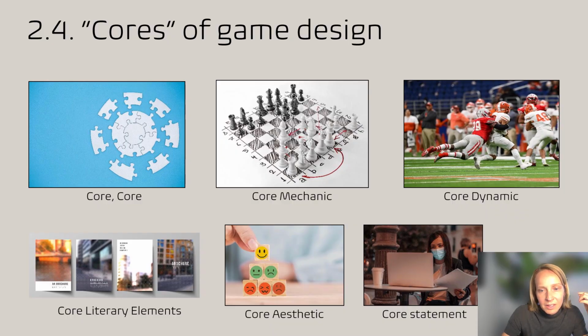Sometimes the mechanic can be a single action repeated over and over. Like if you're running in a foot race against someone else, the core mechanic would be running. In a trivia game, you're going to be answering questions. In Donkey Kong, the core mechanic is to use the joystick to jump and maneuver a character on the screen.